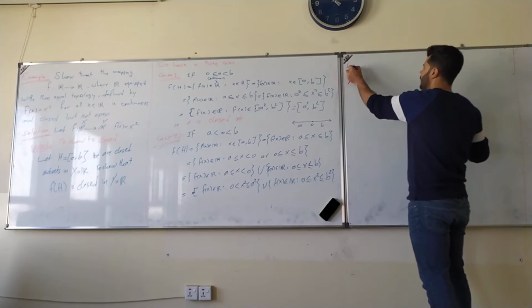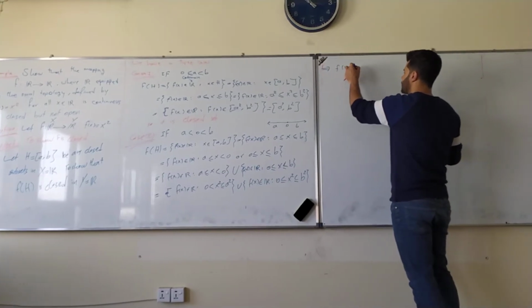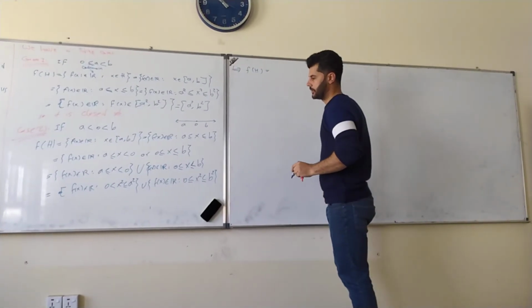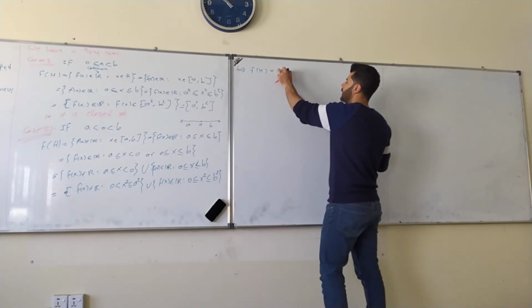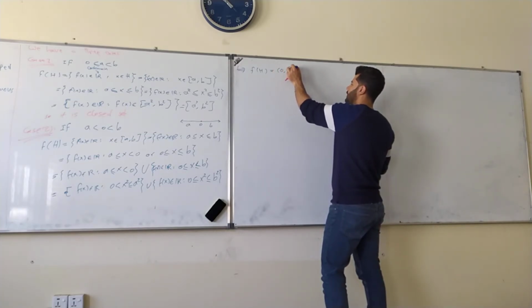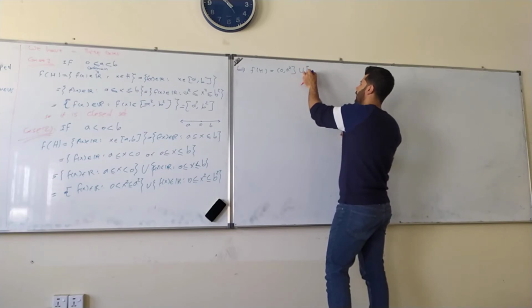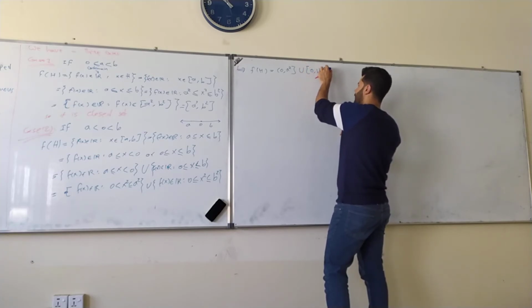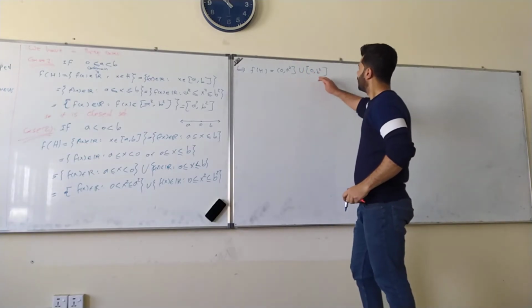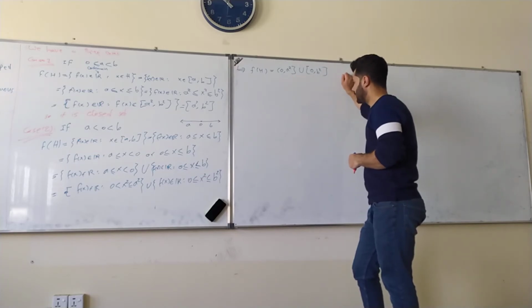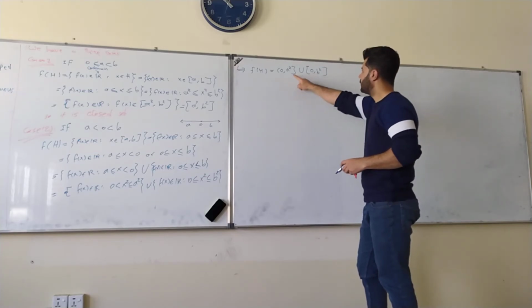So this implies that f of H in this case equals the interval from 0 to A squared union 0 to B squared. And this one is also closed, but we need to union them.